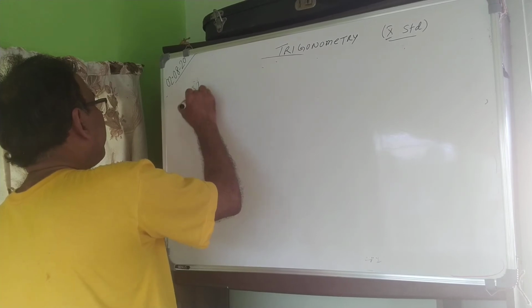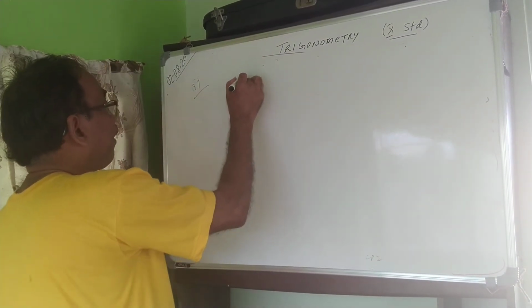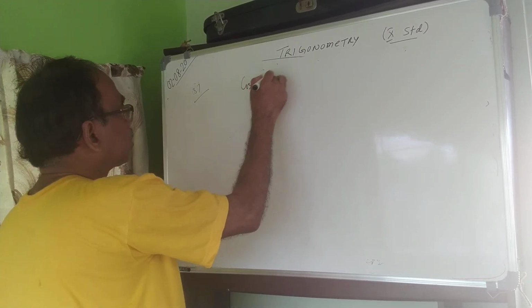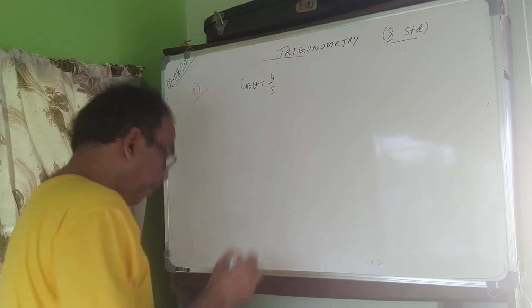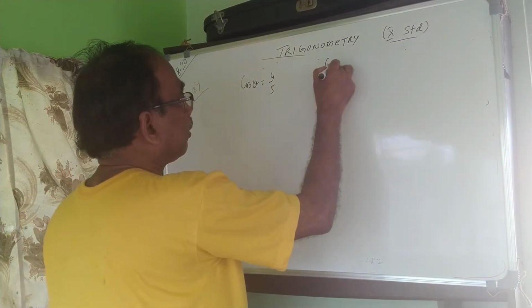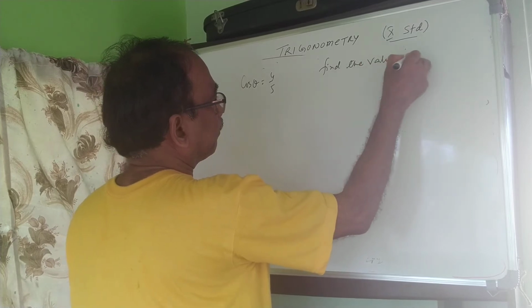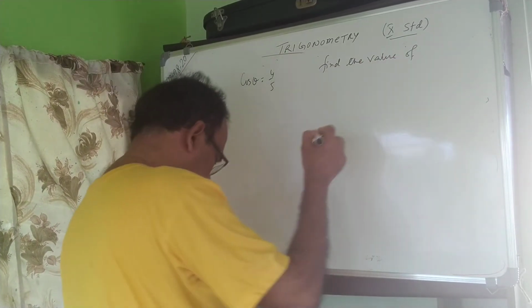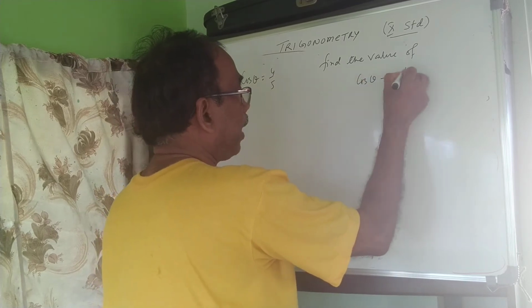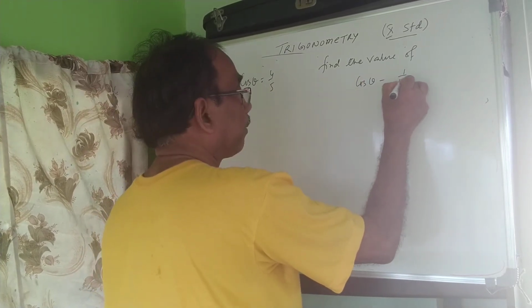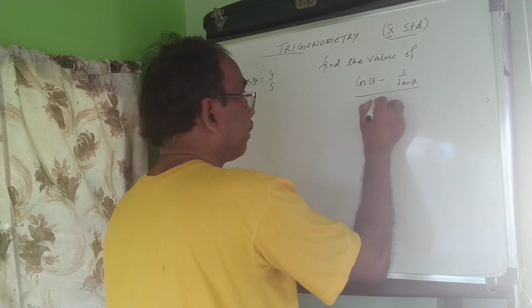Question number 7. Here cos theta is 4 by 5. Find the value of (cos theta minus 1 by tan theta) over 2 cos theta.